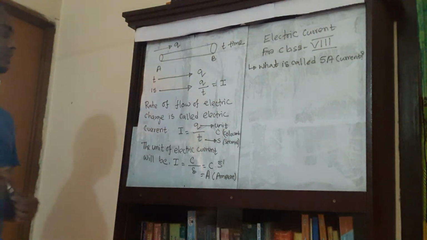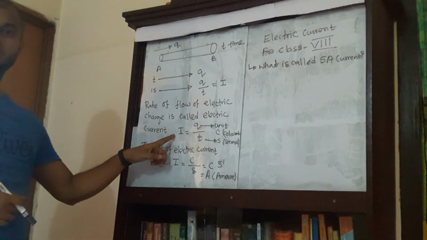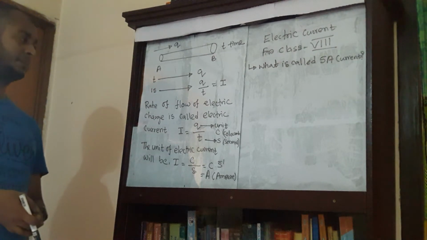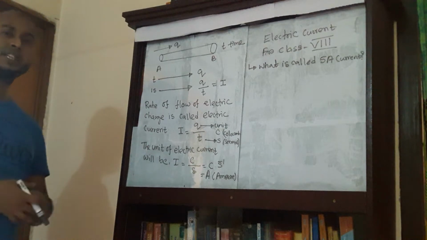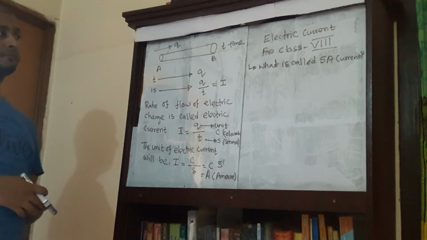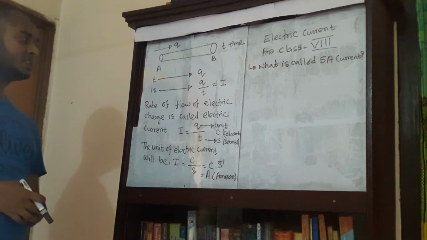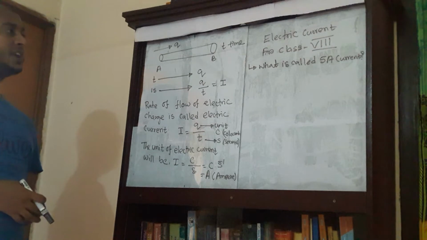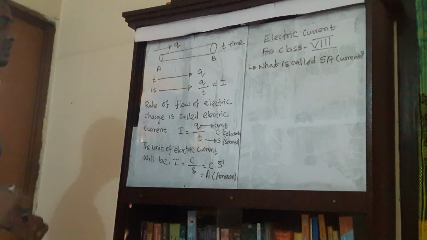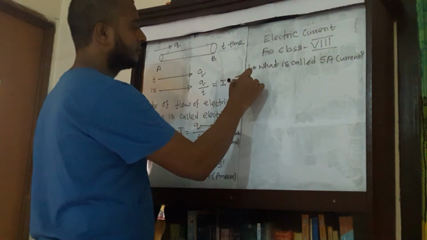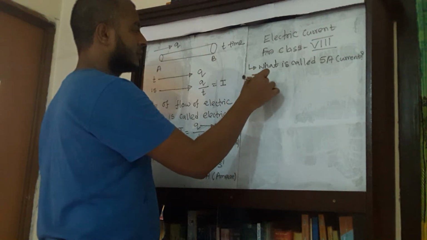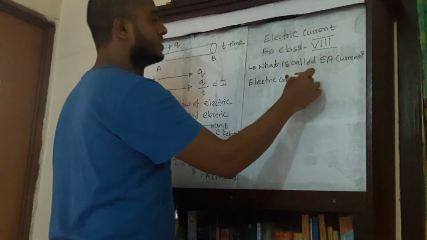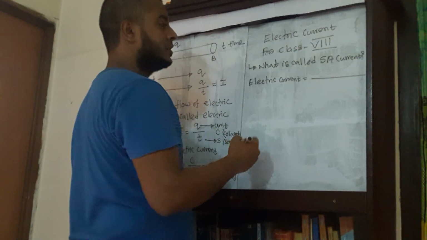I can say that current I will equal Q divided by T. Q is electrical charge and T is time. And the division of this Q by T will equal 5. I repeat, the division of Q by T will equal 5 ampere.